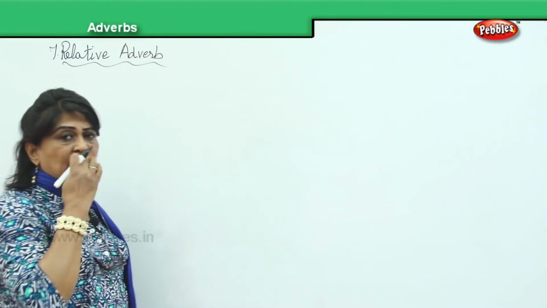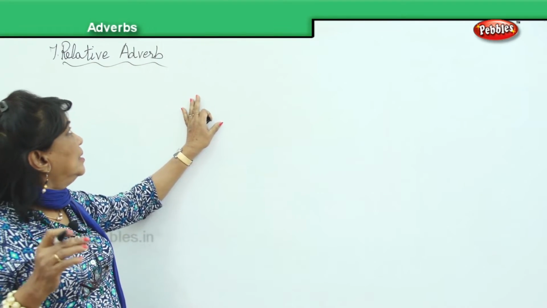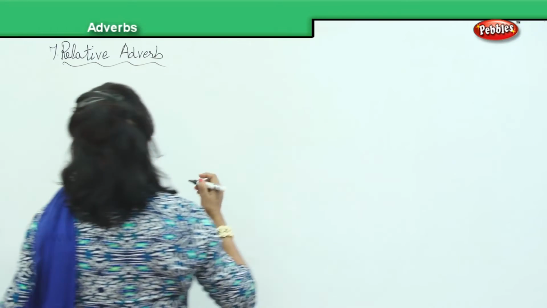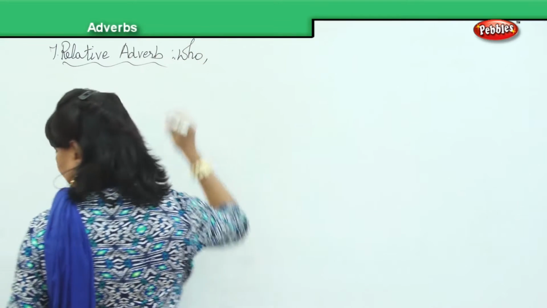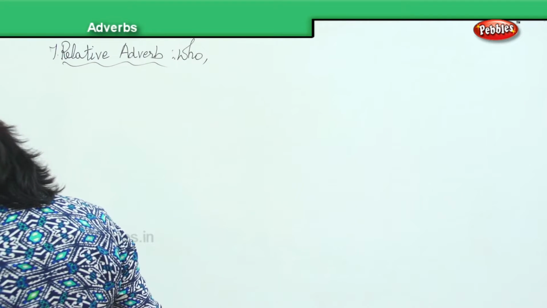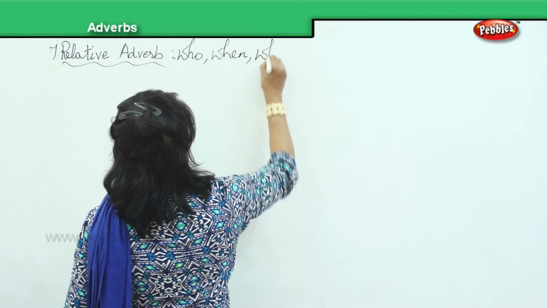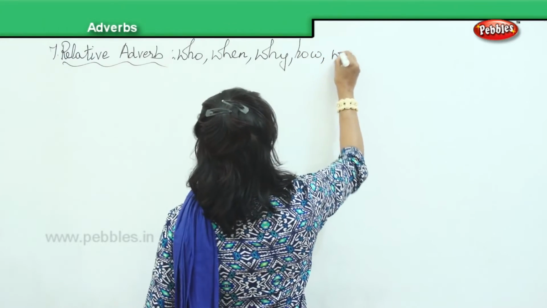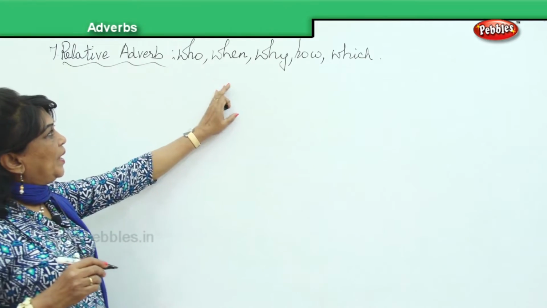What is this relative adverb? These relative adverbs are who, where, which, whom, when, why, how, which.